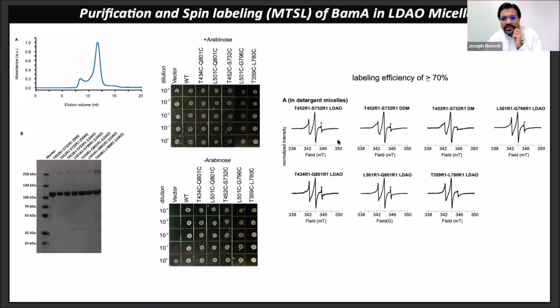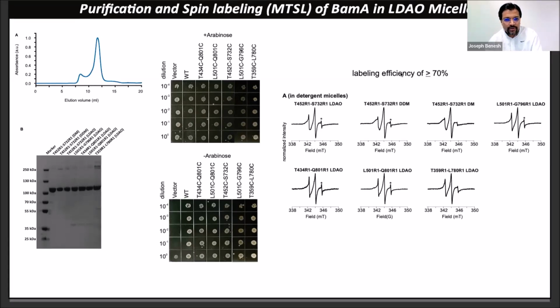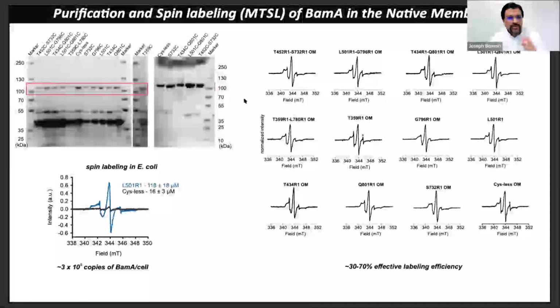So here you can see the continuous wave CW EPR spectrum with little or no free spins. And this also gave us a labeling efficiency of 70% or higher, which would enable us to obtain high quality PELDOR data.